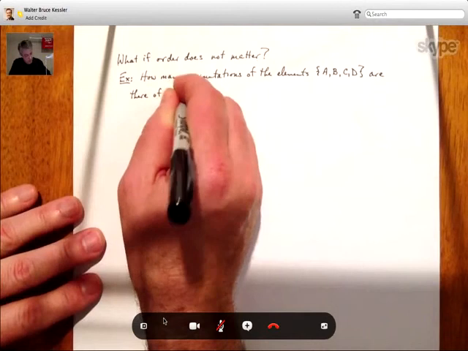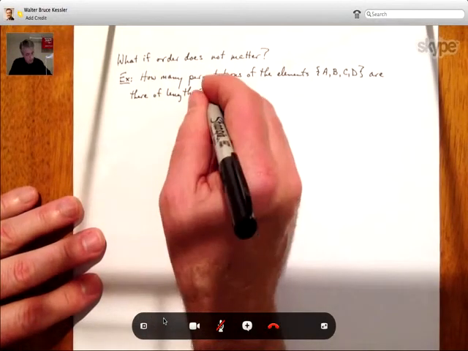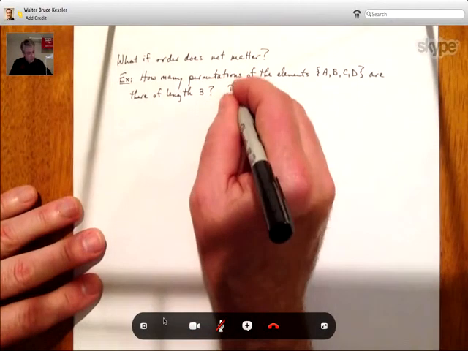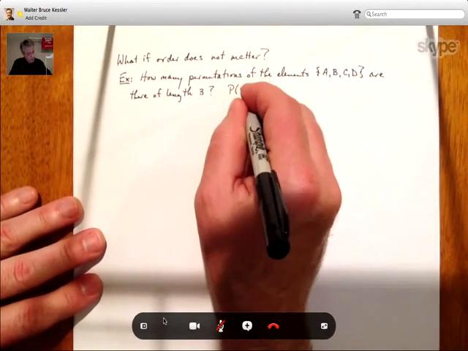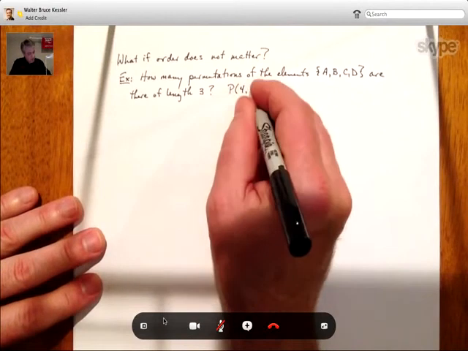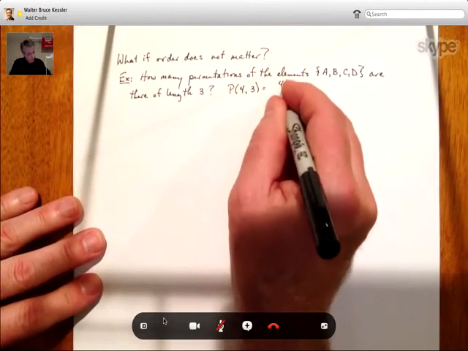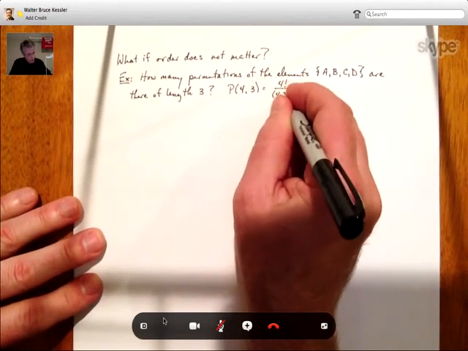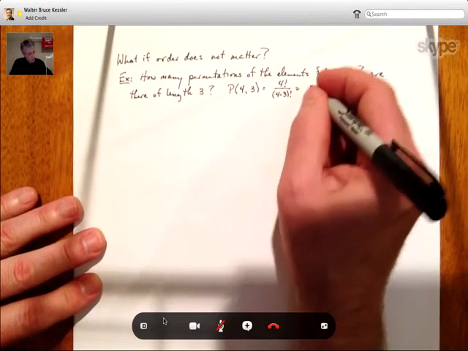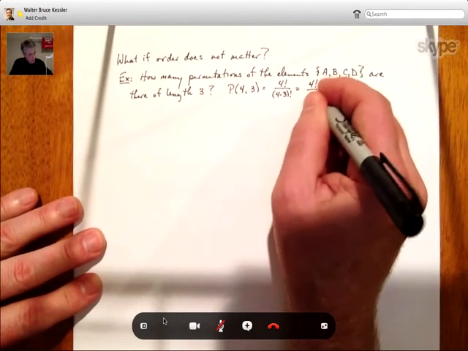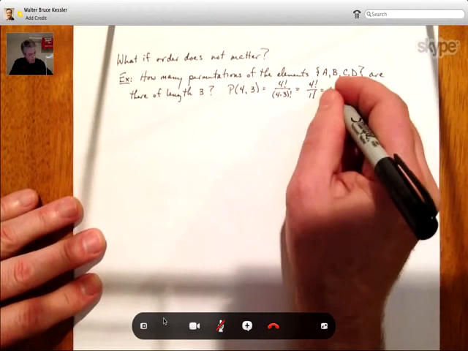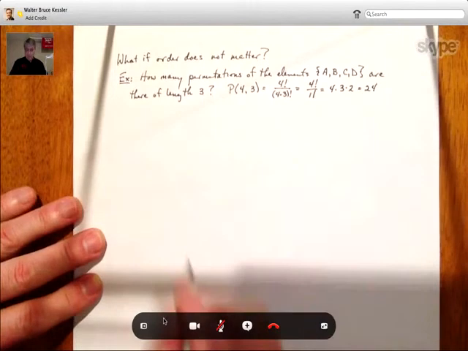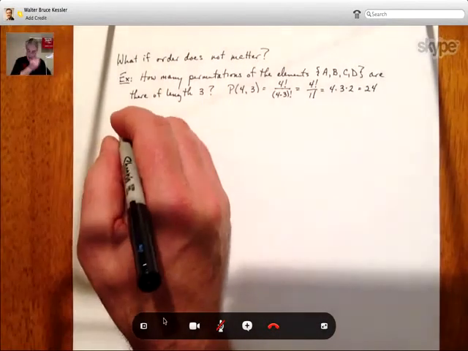How many permutations are there of length 3? Okay, well, it's easy to get that number. I've got 4 things to choose from. I'm going to pick 3 of them. So this is 4 factorial over 4 minus 3 factorial. So that's just 4 times 3 times 2, which is 24.